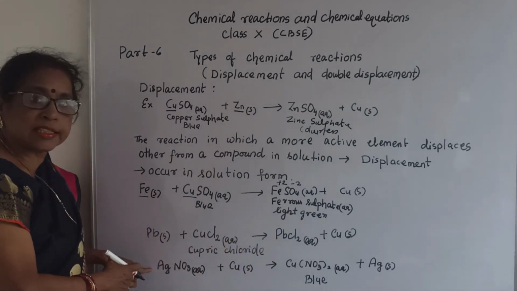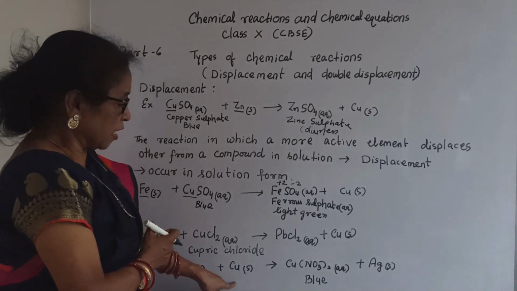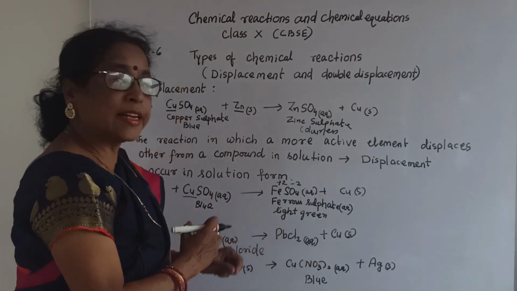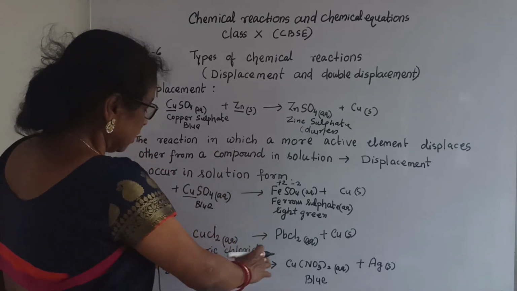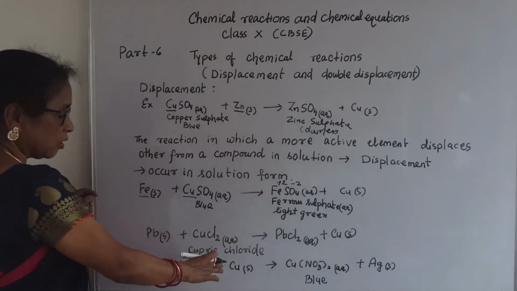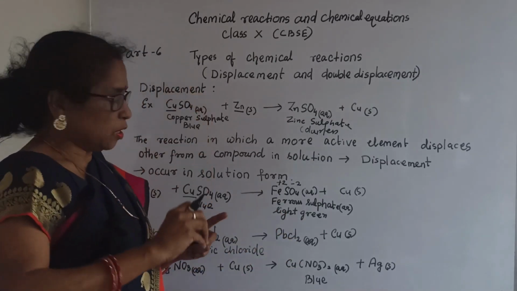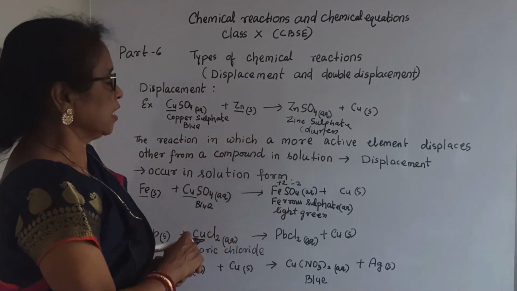Now the last reaction: silver nitrate, which is colorless, with copper. What happened? Copper nitrate, cupric nitrate, is formed, whose color is blue. The colorless solution changes to blue, and on the copper solid, the white-grey color of silver is deposited.